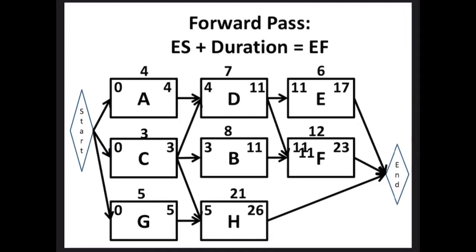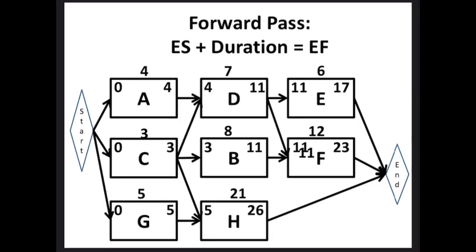Right? If B is making a sandwich and C is getting the ingredients for the sandwich, A is getting paper and G is getting some AC air conditioner, we don't need the air conditioner and we don't need the paper to make a sandwich, but we do need ingredients for the sandwich to make the sandwich.